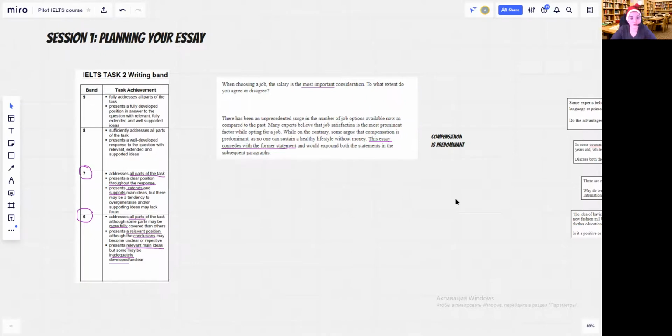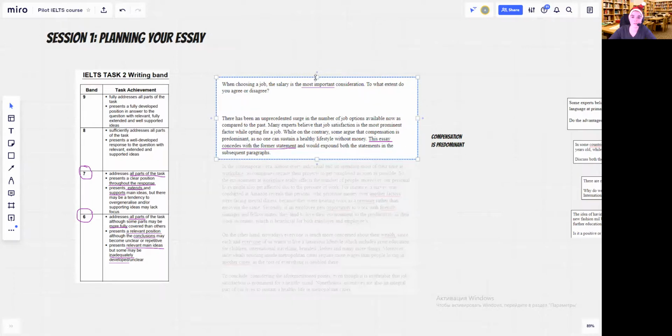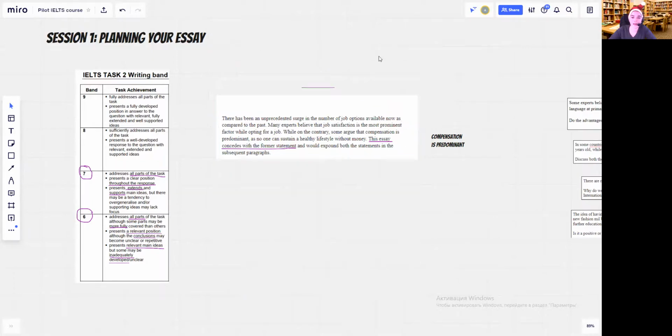Although you're required to address all parts of the task, this kind of irrelevant information might actually lower your task achievement score. So if we cover the task itself, I'd say the author would say something like this. When choosing a job, compensation is more important than job satisfaction.